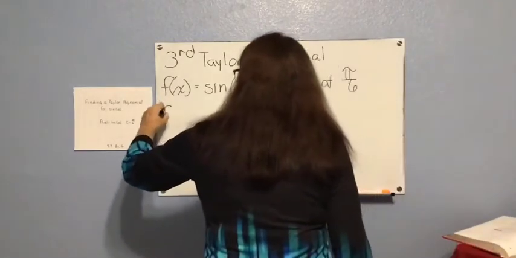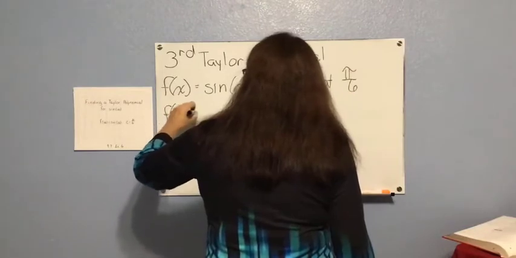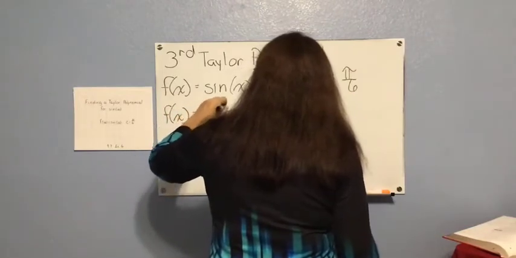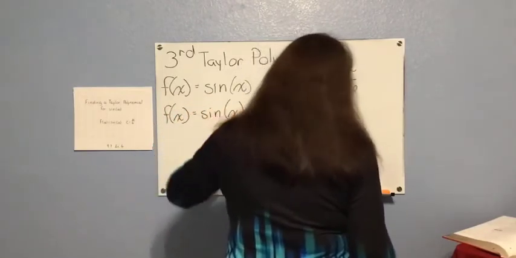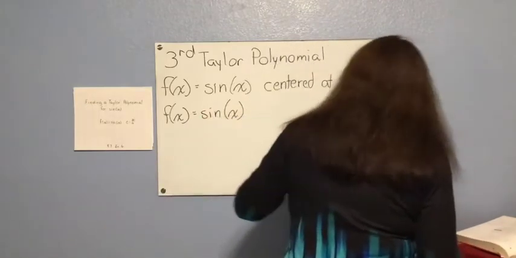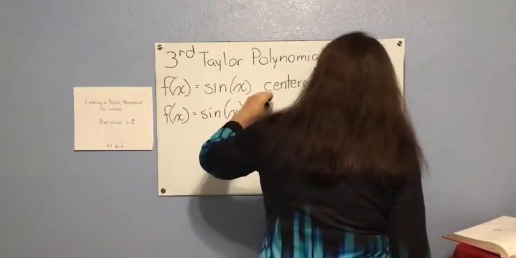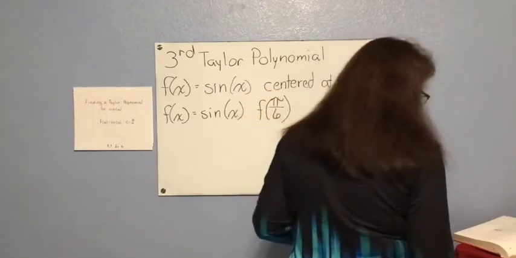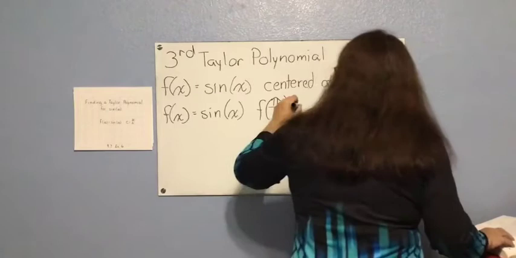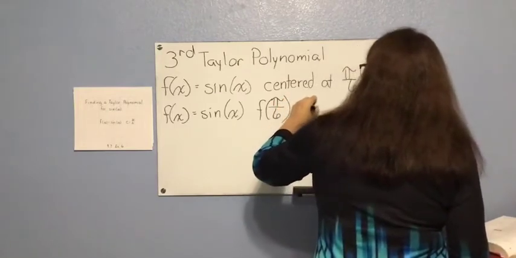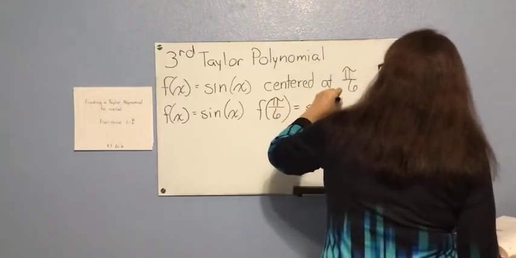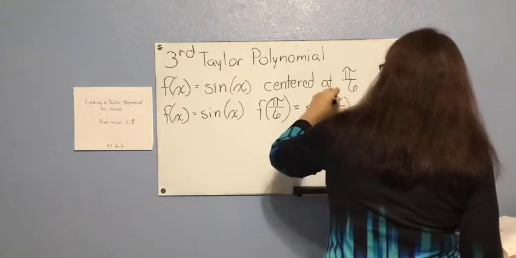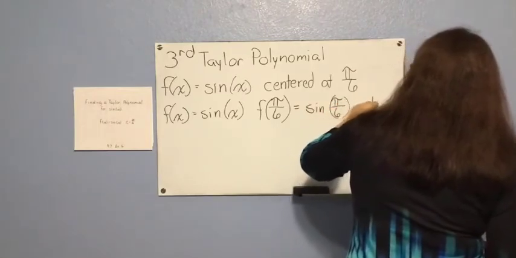So if f of x equals sine of x, then f of pi over 6 is going to equal the sine of pi over 6, which is 1/2.